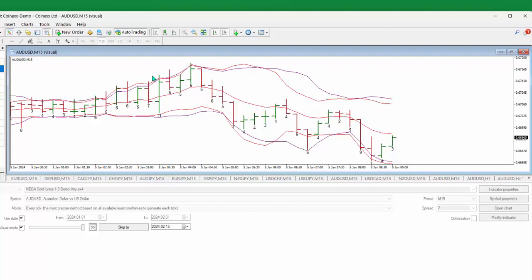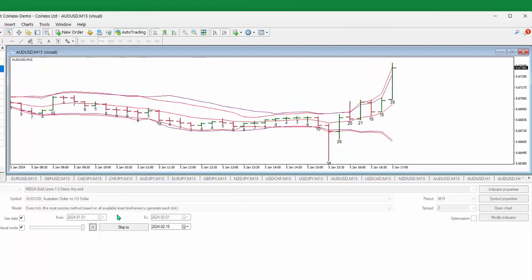So we don't necessarily use every pop out as an entry signal. What we're looking for, I call them long bar pop outs. Okay, so we'll turn this back on now.